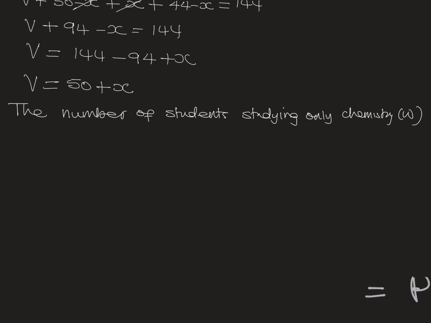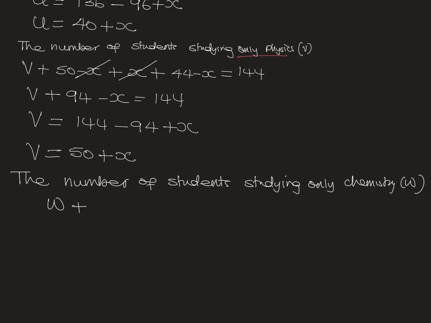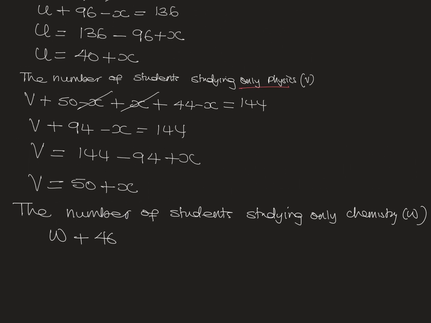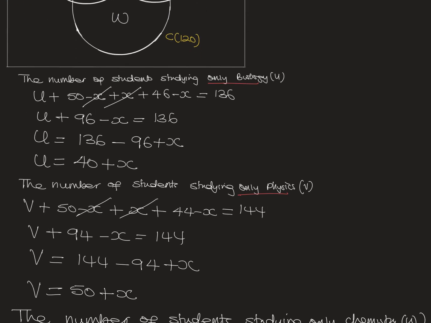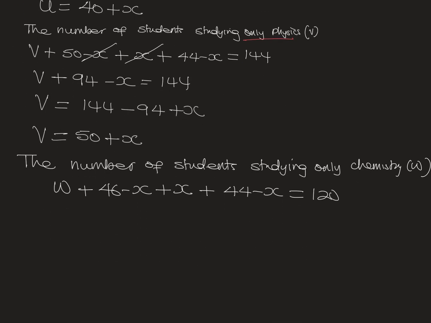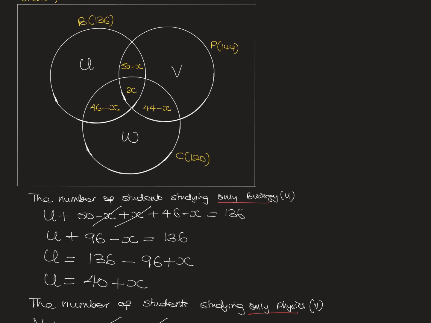For only chemistry, we said we have W plus 46 minus x plus 44 minus x is equal to 120. Okay, is that clear? W plus 46 minus x plus 44 minus x will be equal to the total number of students studying chemistry.